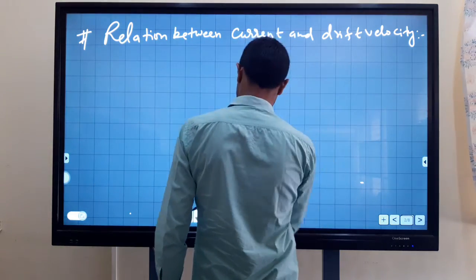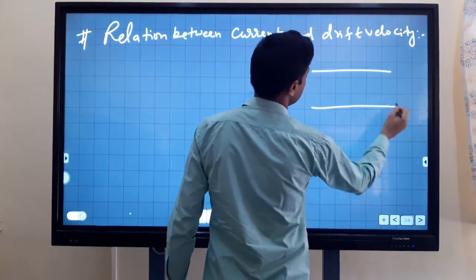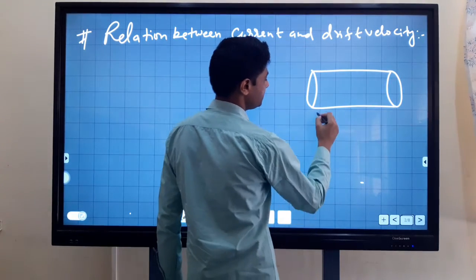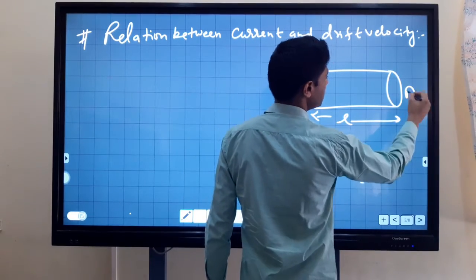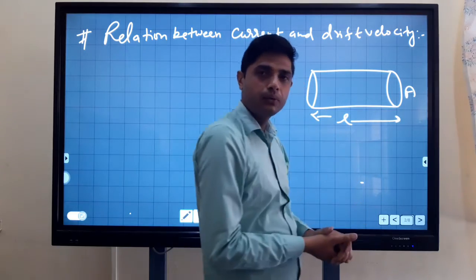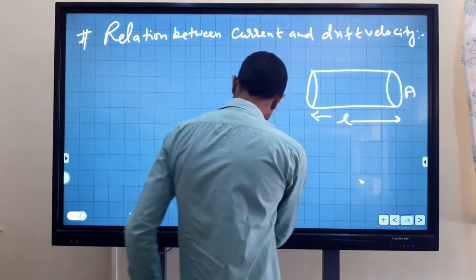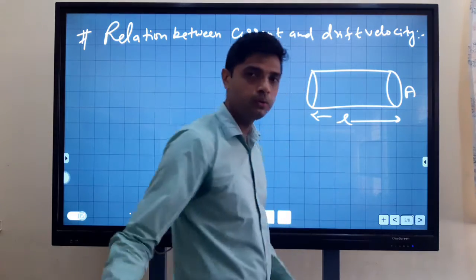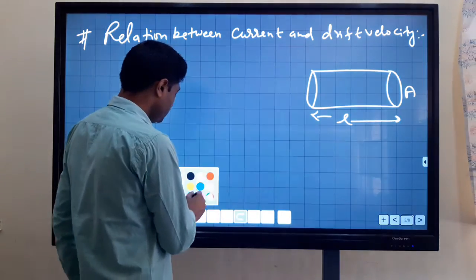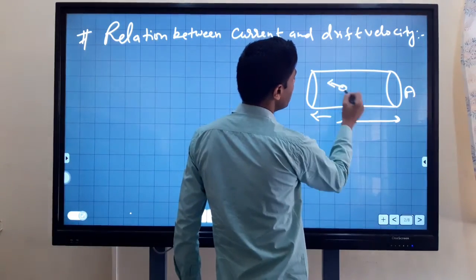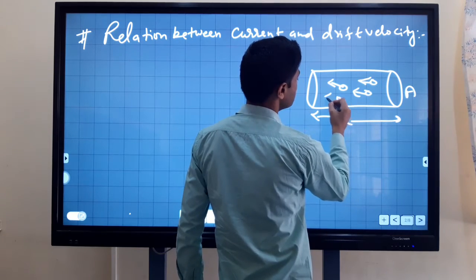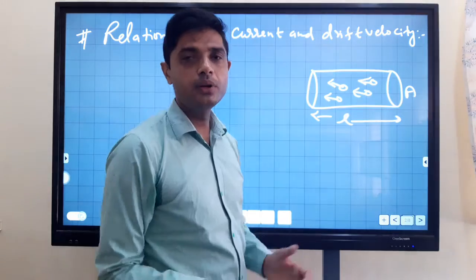Let this be a wire of length L and cross section area A. When there is no electric field, it means there is no battery applied across the ends of the conductor, the electrons move here and there, and there are collisions between electrons.